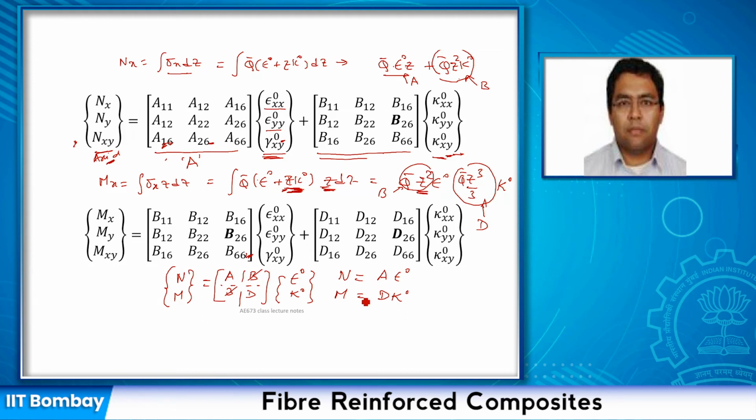Yes. So if we can make a laminate where the B matrix goes to 0, then suppose I'm stretching the composite, I will only develop stretch forces. I will not develop moments.